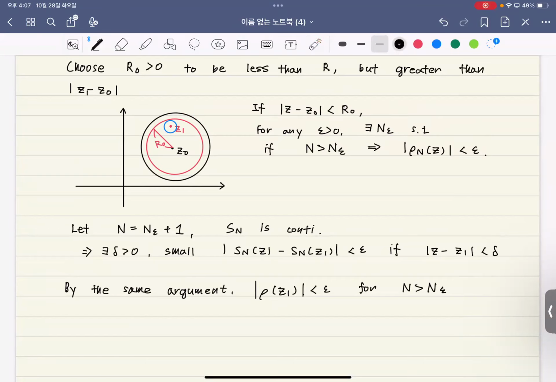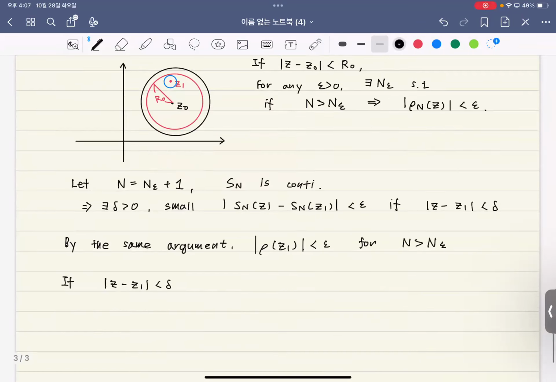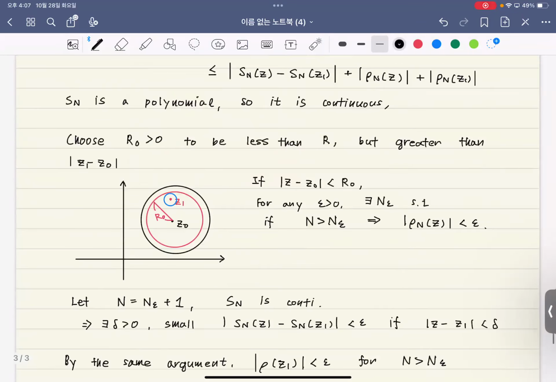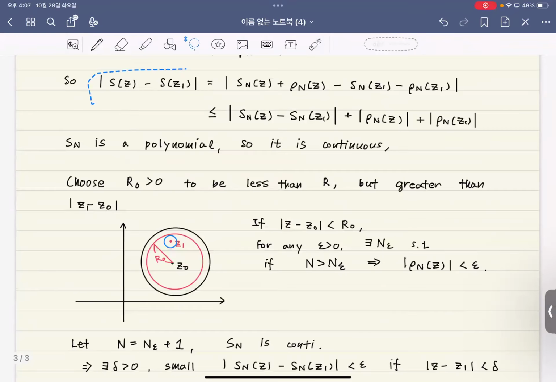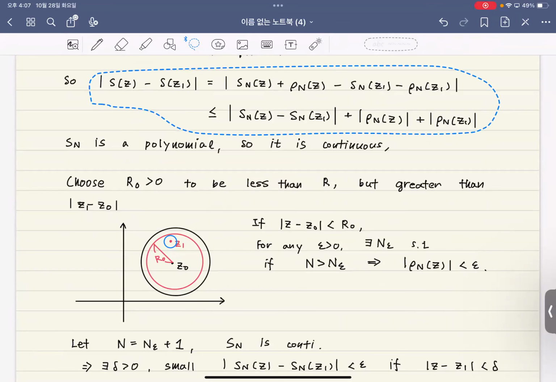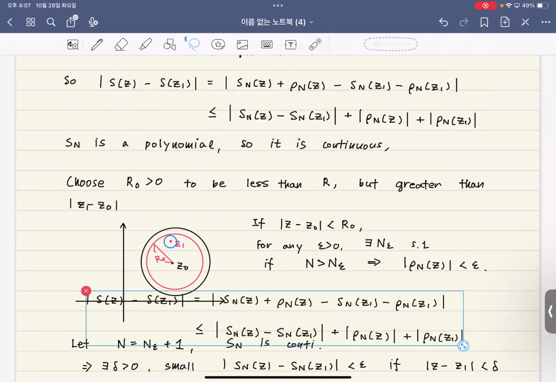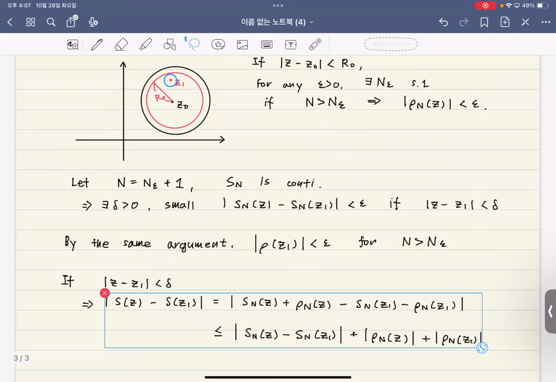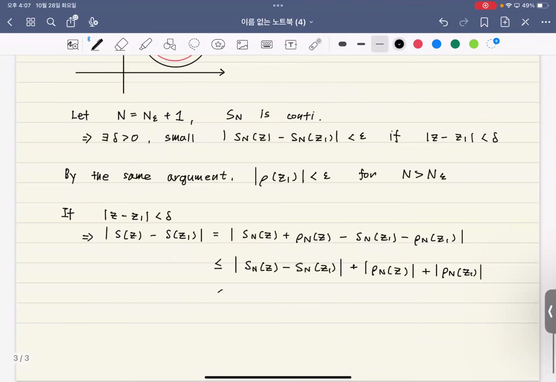Therefore, if z minus z1 is less than this delta, then the total is less than 3 times epsilon. So the proof is done. Okay, great.